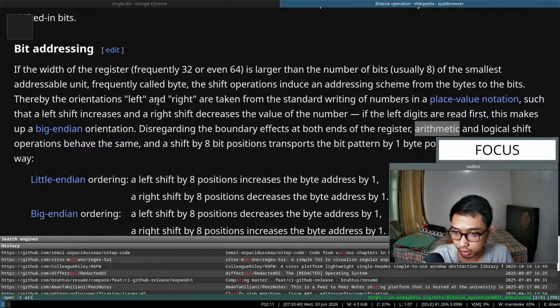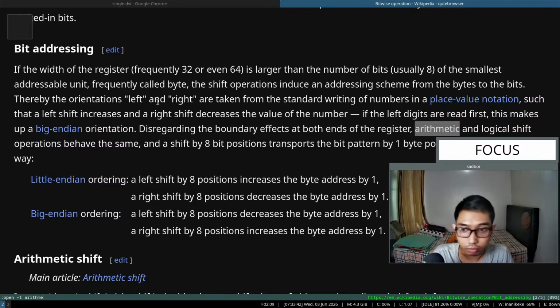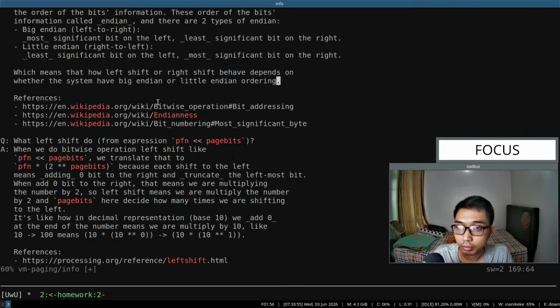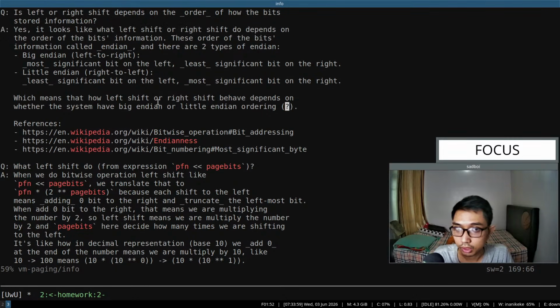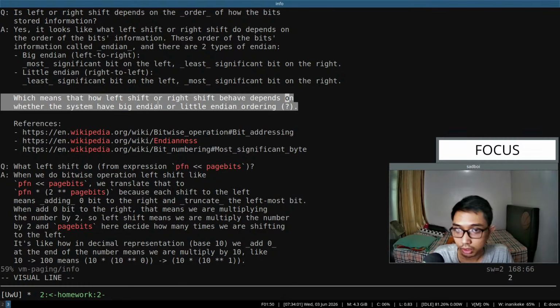Let me check. Arithmetic bitwise operation, big endian and little endian. Yeah, let's add a question mark because I'm not sure yet.